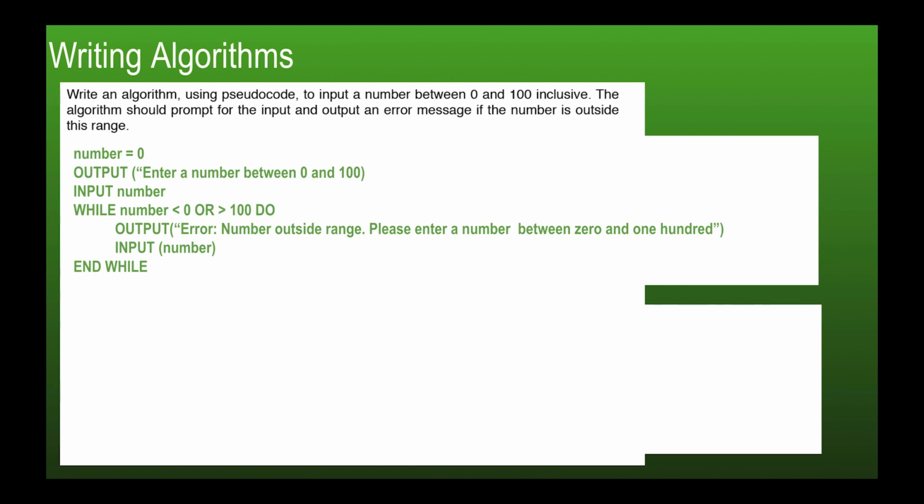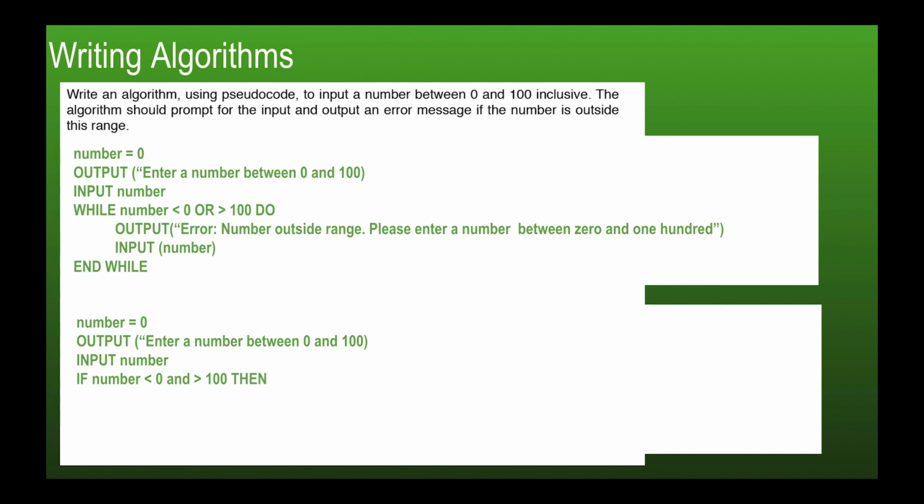Now, if that is a little bit too complicated, there is a simpler approach, because it only asks you to enter one number, does not ask for any specific loop, and it only asks you to test that one number. There is an alternative that we could use here. So we declare our number as usual, we output for the user to enter, input that number. You could also just use an if statement here.